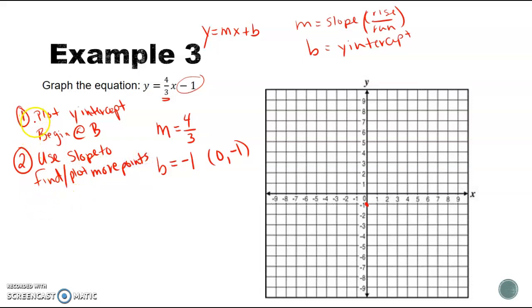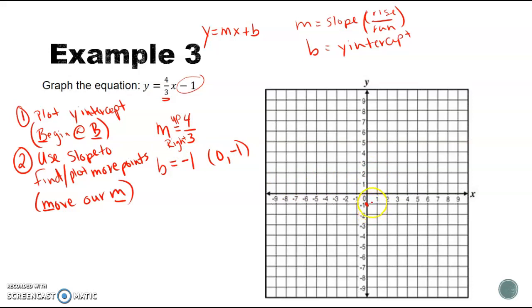If the first step is begin at B, then our second step is to move our M. Begin B, move M. When I look at my M, I am going to go up 4, because that's the rise, +4 would go up. And for the run, since it's positive, that means right 3.